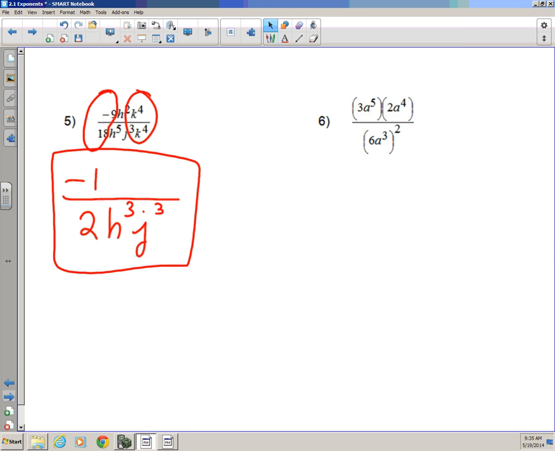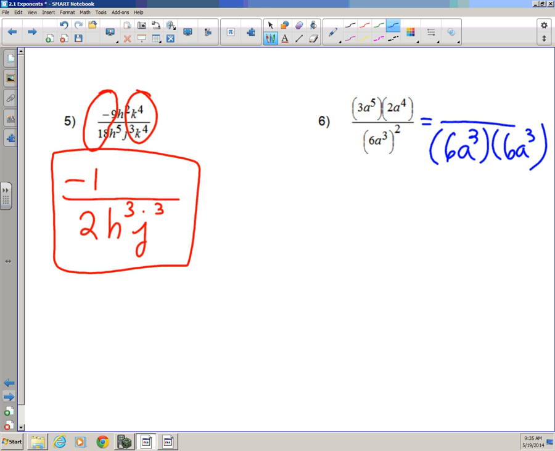On this next one, there is nothing on the top in terms of an outside exponent, but on the bottom, I've got 2 parentheses with 6A3 twice. So what I would end up doing is saying, okay, well, on my bottom, I've got 6 times 6, 36, a cubed, a to the 6th.